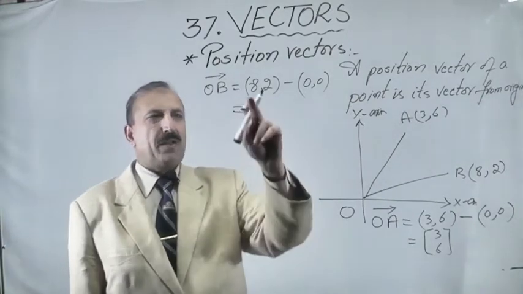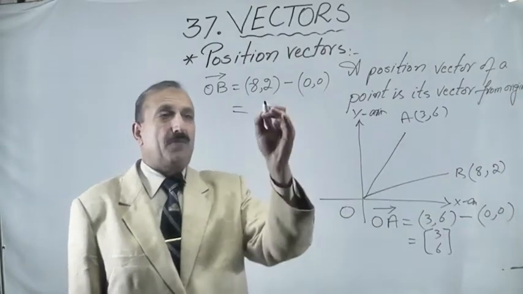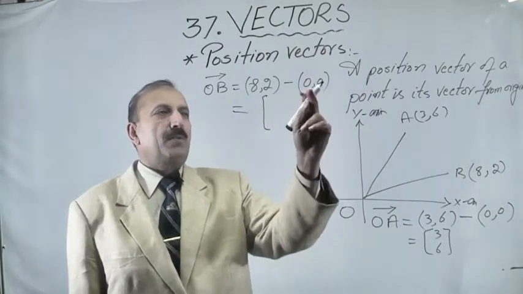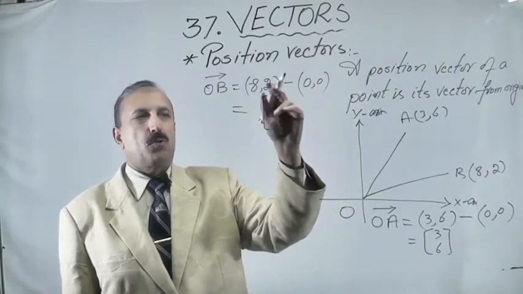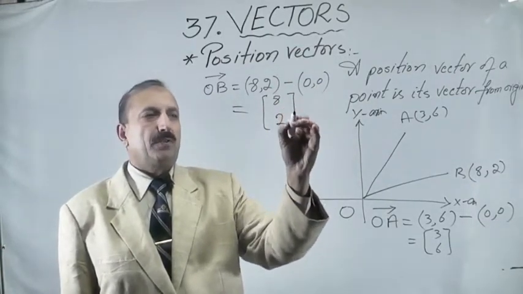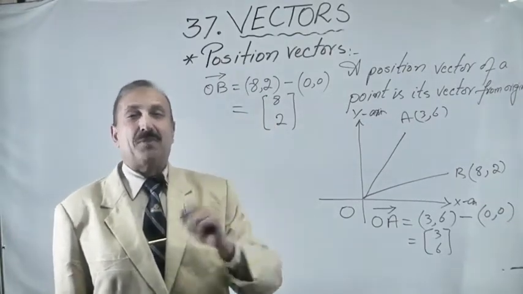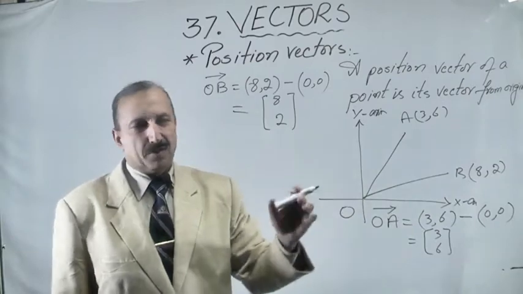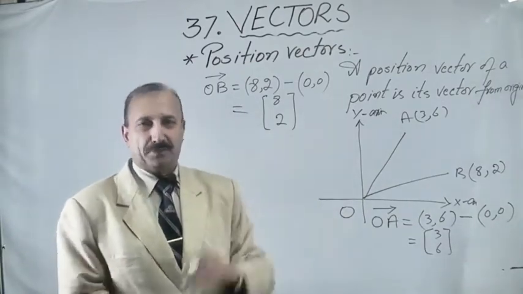When we simplify these two ordered pairs in vector form, we are supposed to write in the form of a column vector. Subtracting 0 from 8 gives us 8, subtracting 0 from 2 will give us 2. This is a column vector representing the position vector of the point B. This is the basic concept of finding a position vector.